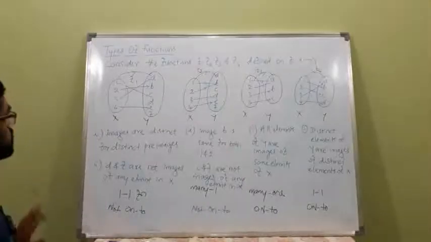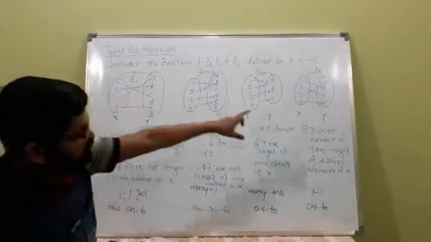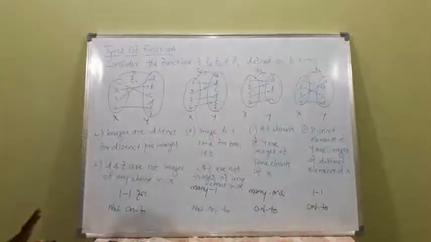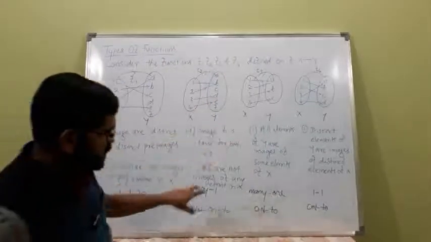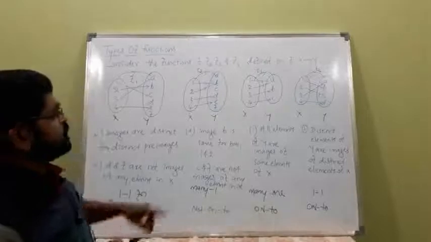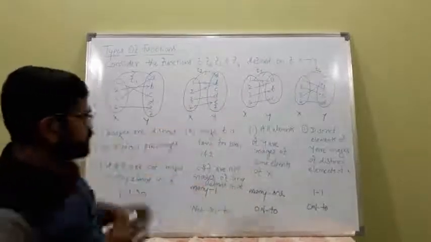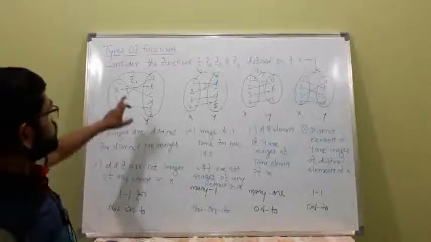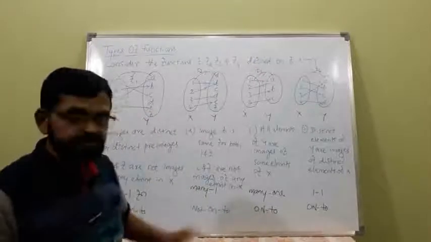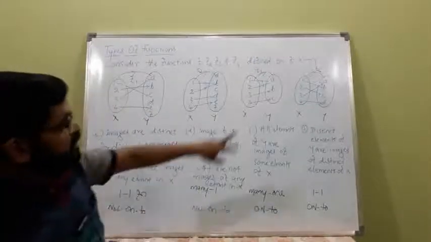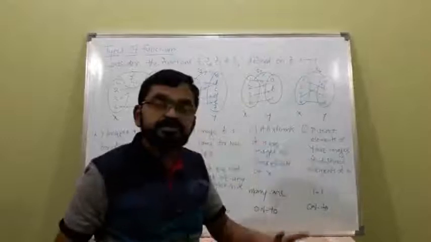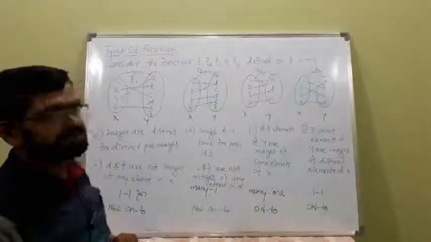Thus f1 and f4 are one-to-one, f2 and f3 are many-one, f3 and f4 are onto, f1 and f2 are not onto, and f4 is both one-to-one and onto.